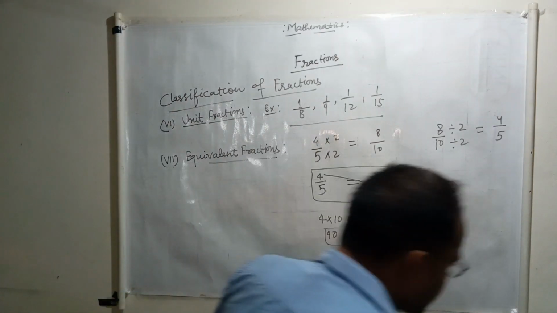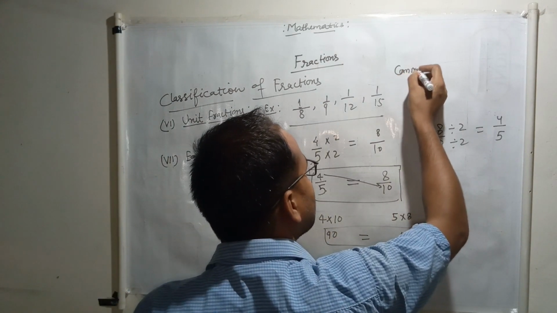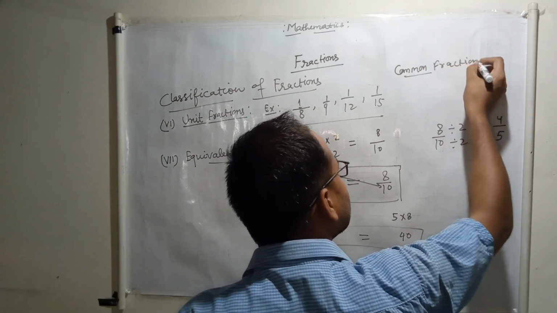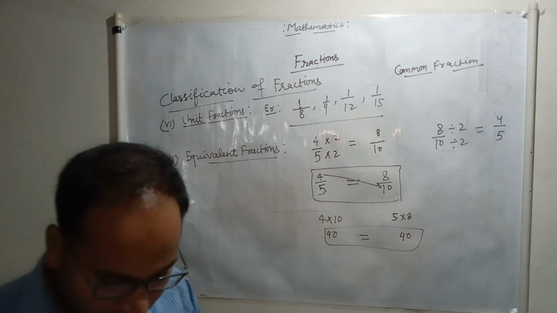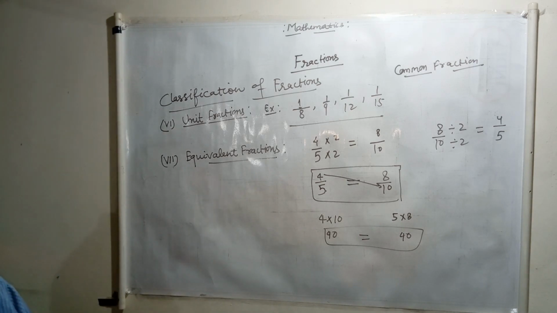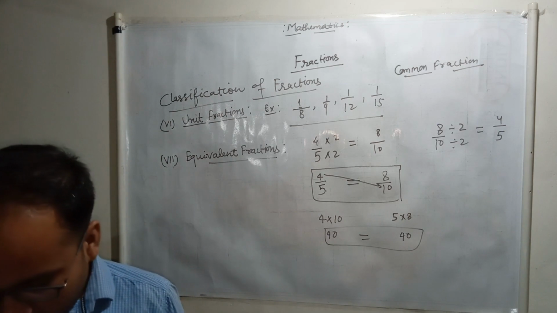One more point is the common fraction. In a common fraction, the numerator and the denominator are integers. It is also known as a simple fraction.